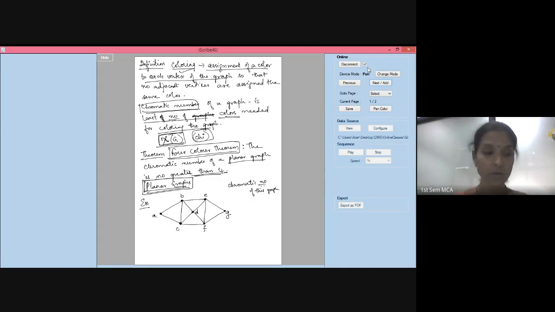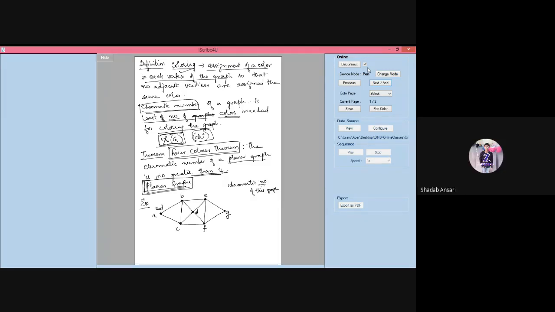Okay. Now, let me start with vertex A. I will color this vertex A red. Now, can I color vertex B and C red? No, ma'am. What are the vertices adjacent to A?